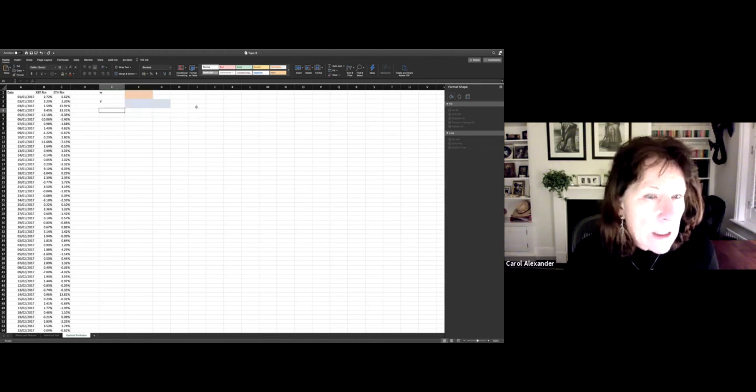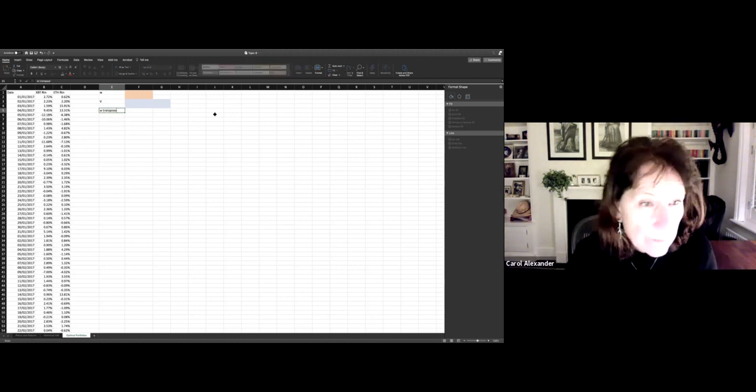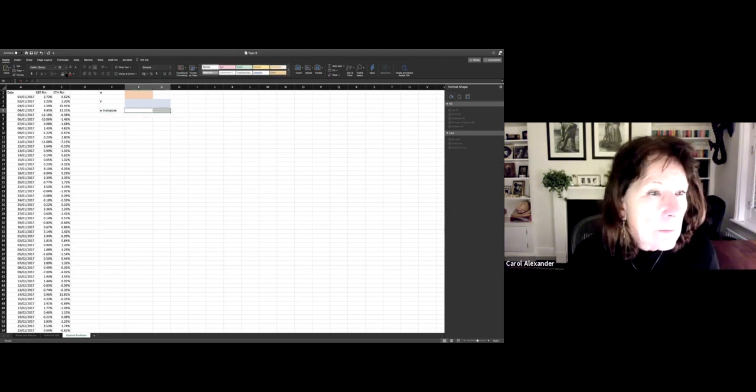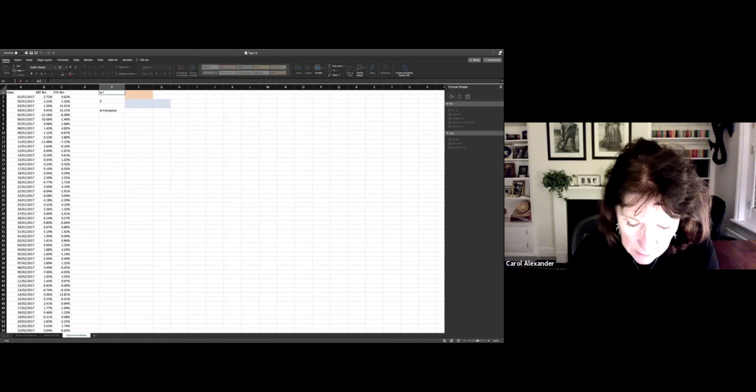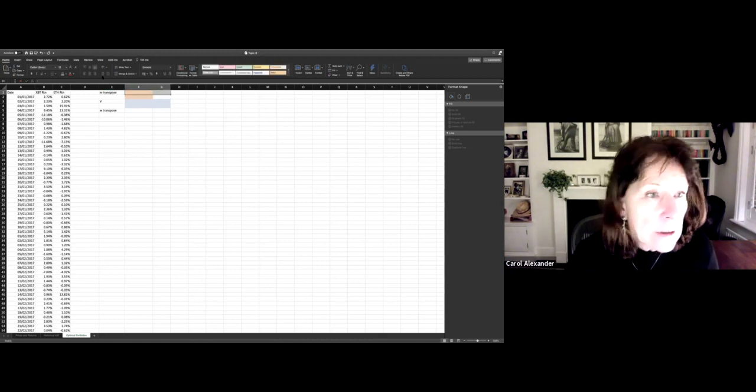And then we need to have our W prime, W transpose. Actually, why don't I do W transpose here? That's the order it was in. So that would be there and there.